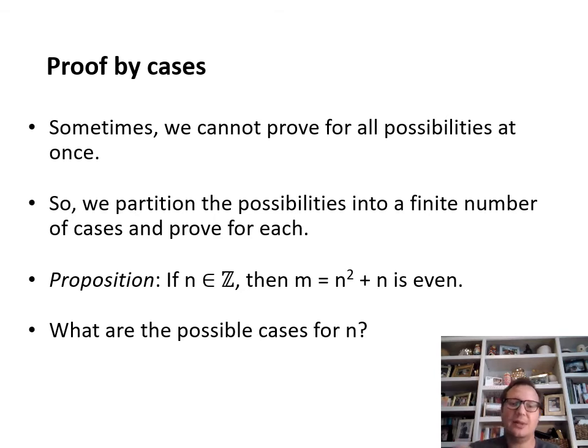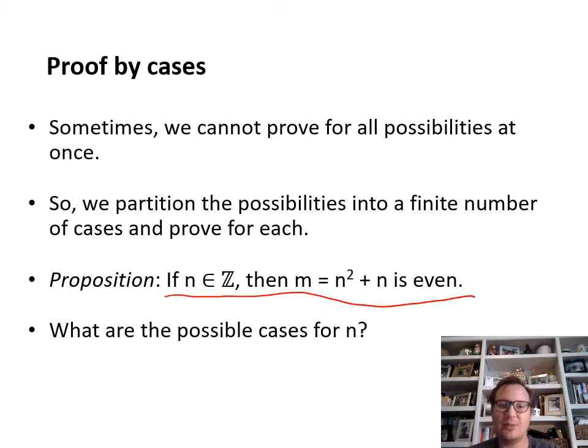So for example, if we have this proposition: if n is an integer, then m, which is equal to n squared plus n, is even. It might be really hard to prove this directly. And so this is a common example where we can use proof by cases.